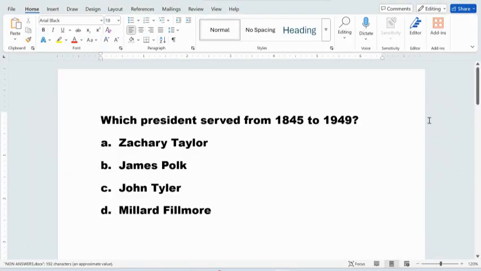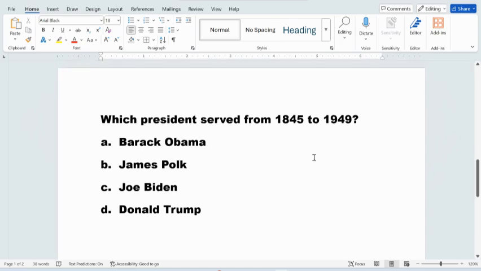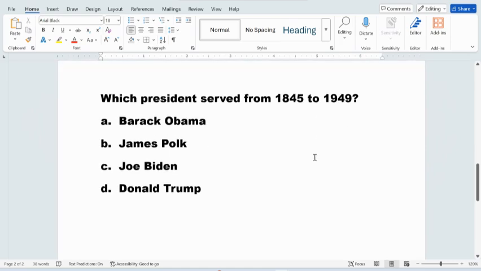I had a student last year that was very confused about what a non-answer is. So here's an example of how non-answers can help you. Which president served from 1845 to 1849? Do you know the answer? No, I didn't expect you to. But if we look at the same question, which president served from 1845 to 1849?